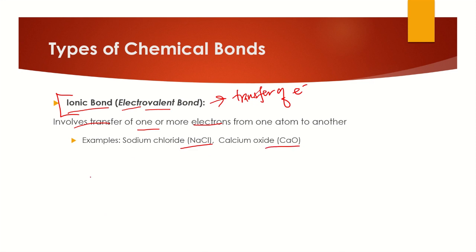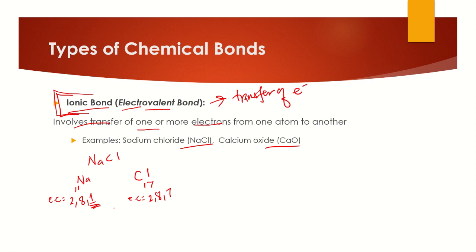So let us look at how sodium chloride is formed by transferring of electron. Sodium, we all know that it has atomic number of 11. Chlorine has atomic number of 17. And the electronic configuration for sodium is 2, 8, 1, and for chlorine is 2, 8, 7.